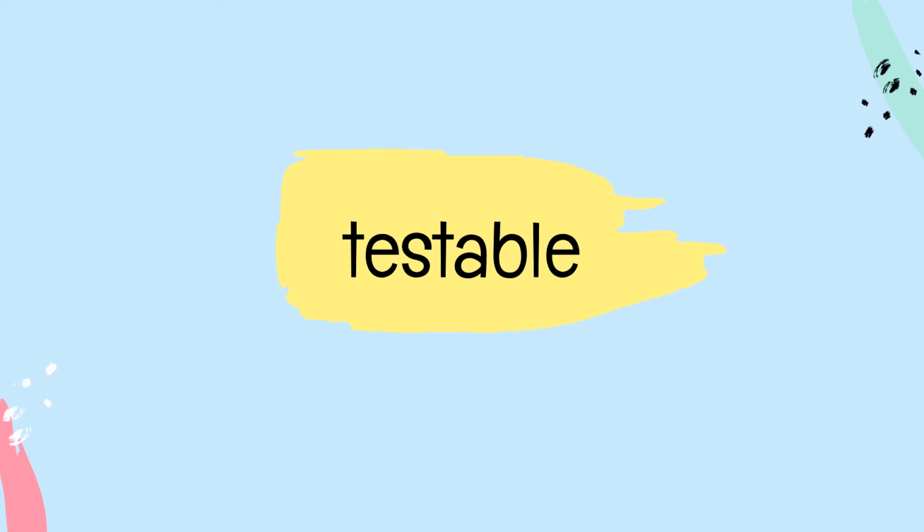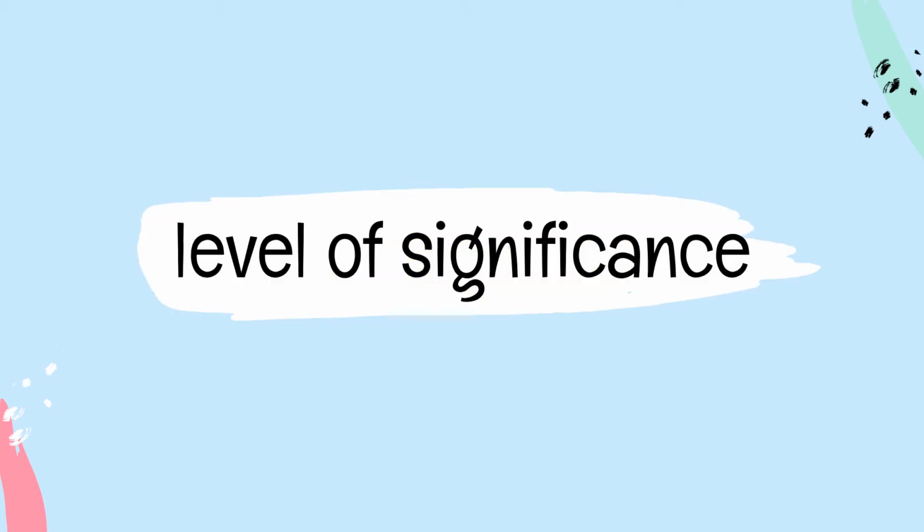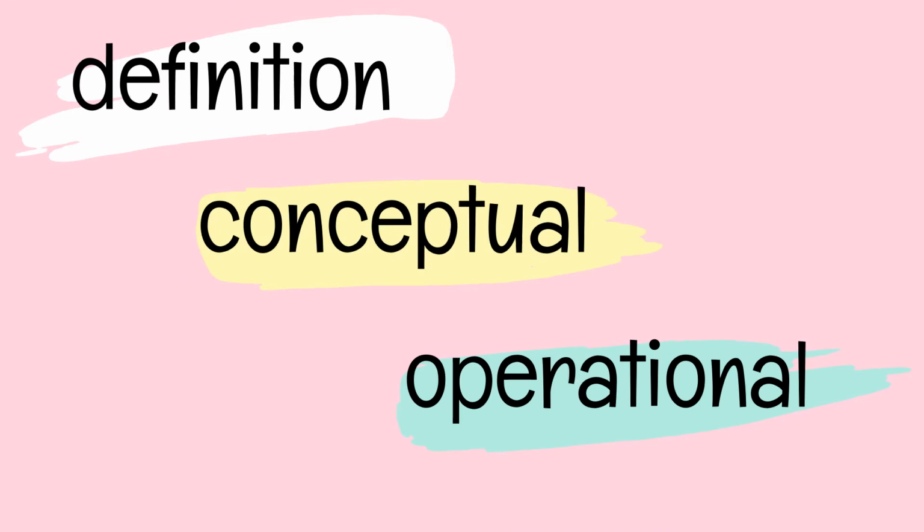It simply means that a hypothesis should be capable of being objectively verified, tested, and even rejected. Aside from those that I have already mentioned, it is also important to indicate the level of significance. The level of significance simply refers to the probability of rejecting the null hypothesis.